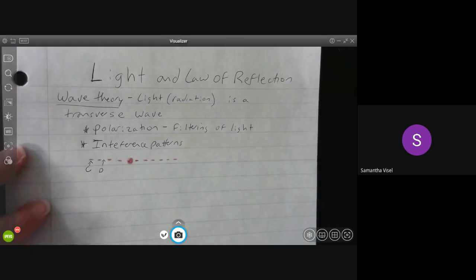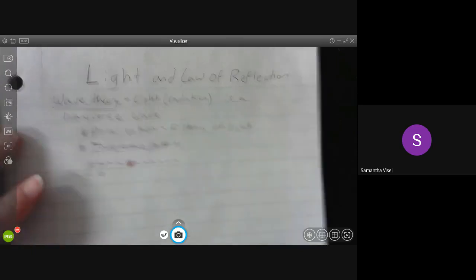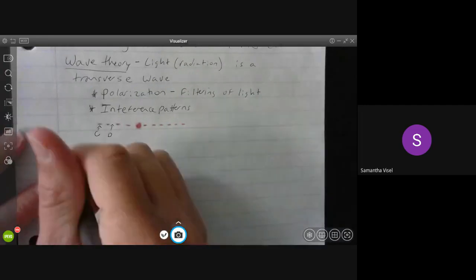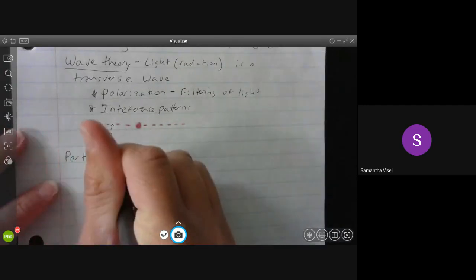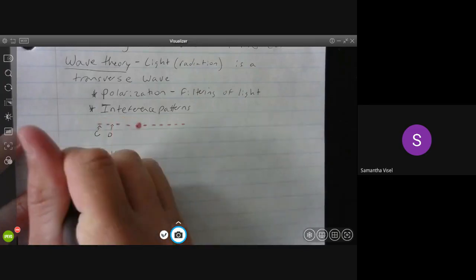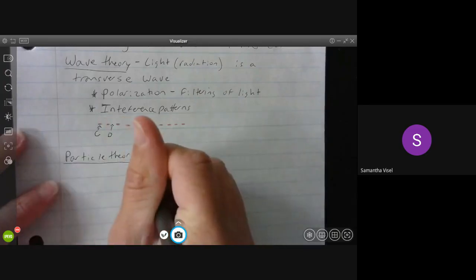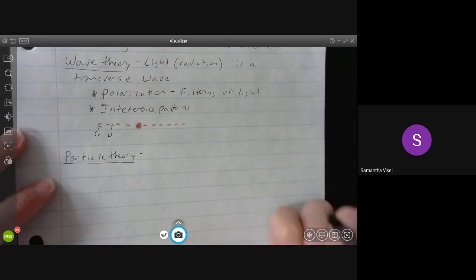So oddly enough, we have another theory of what light actually is called particle theory. This also goes with other forms of radiation as well, not just visible light.